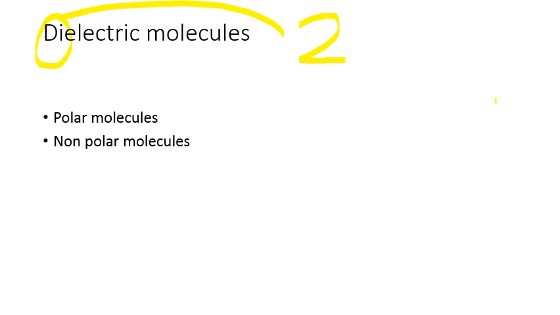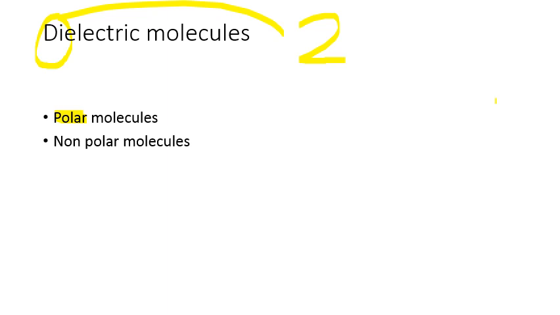Now, I have written here two words, polar and non-polar. Polar molecules means those which have a permanent dipole moment. There are certain materials which already have a dipole moment.